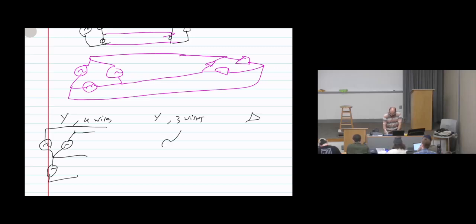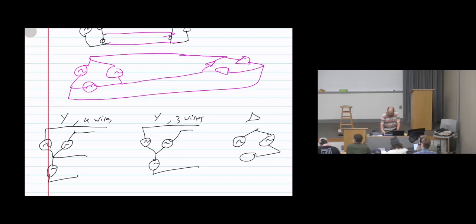For Y with 3 wires, we still have these sources, with 3 conductors. Delta, like a delta shape, and we have 3 wires. So delta is also 3 wires.